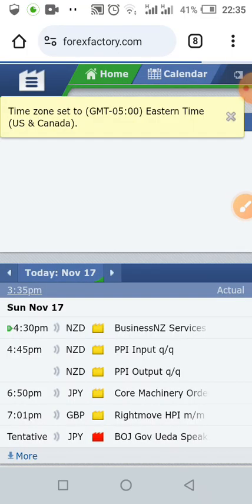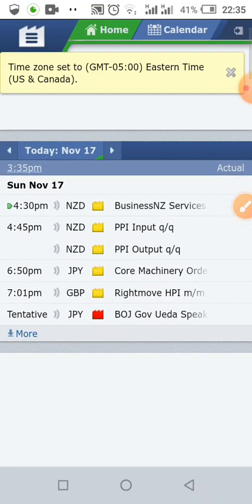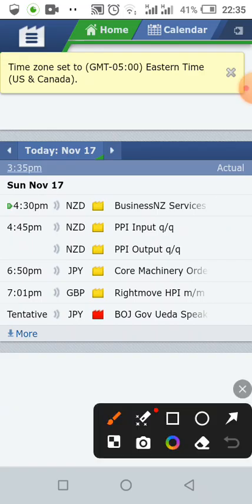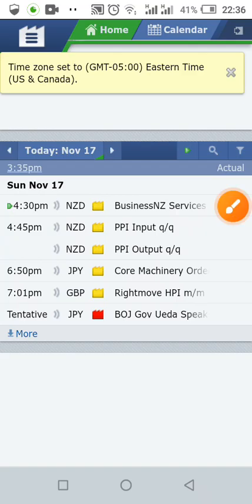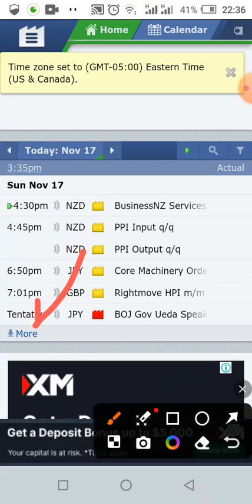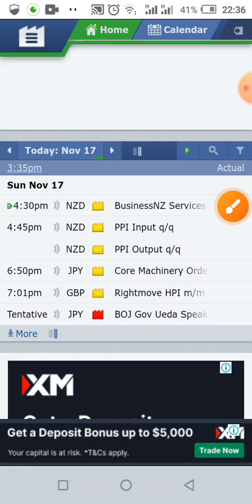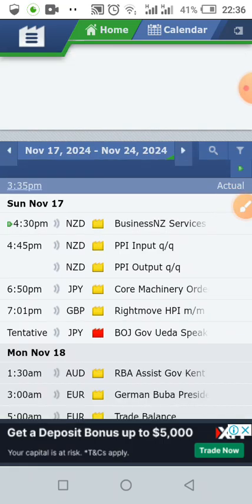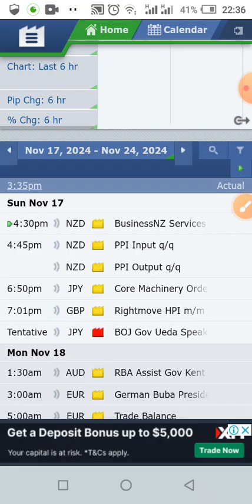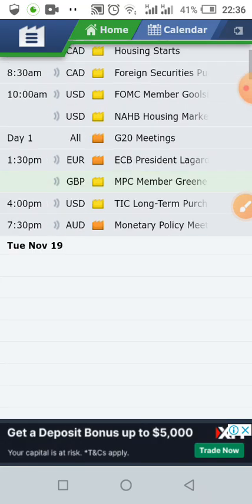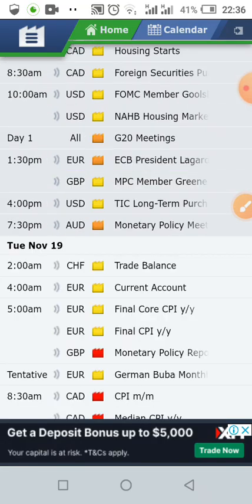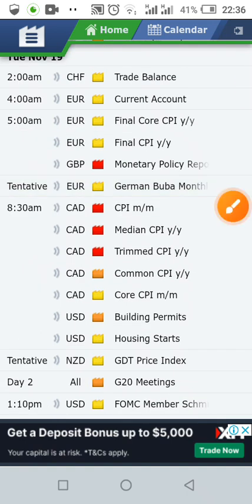So the main events that you have to watch out for are the red folder events, but not all of them are very impactful. And I'm selecting so that those of this week can be seen. But the ones which are very impactful, which affect markets, are the CPI news releases, the red folder events of them, like this one.